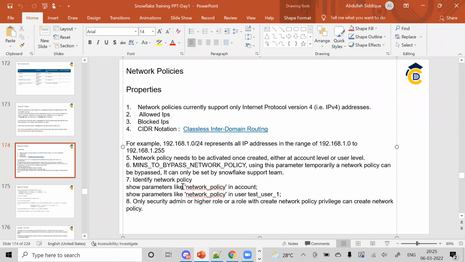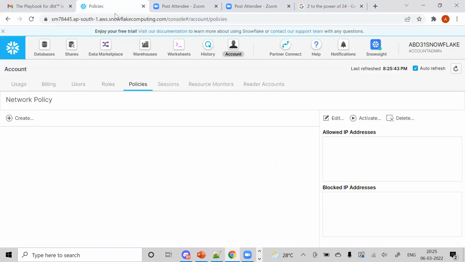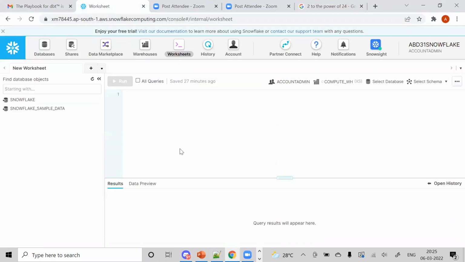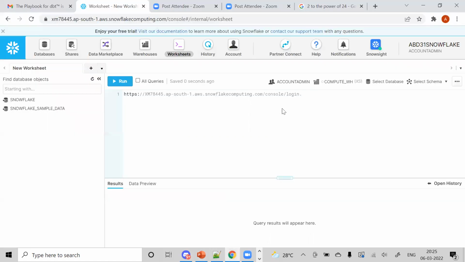And how to identify the network policy? So you can say show parameters. As you know, show parameters is the common command to check the various parameters that are there in your account.